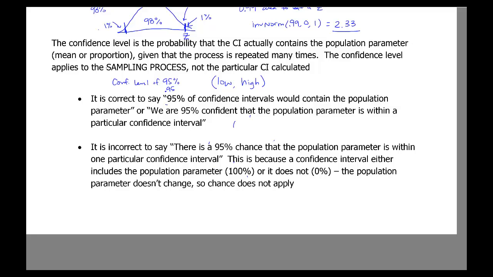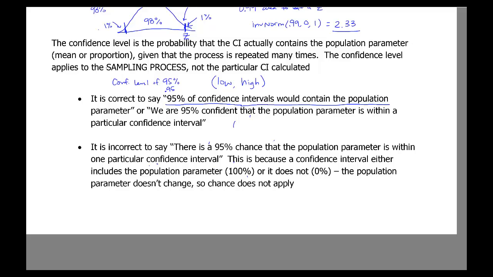we can say that if we did this over and over again and took lots of samples and calculated a confidence interval for each sample, 95% of all the confidence intervals that we made using those samples would contain the population parameter, which is a mean or proportion.